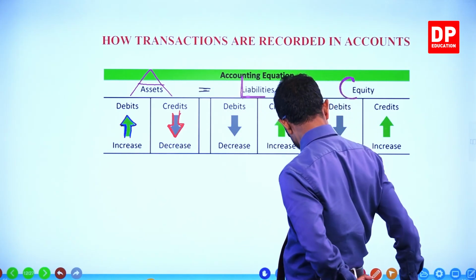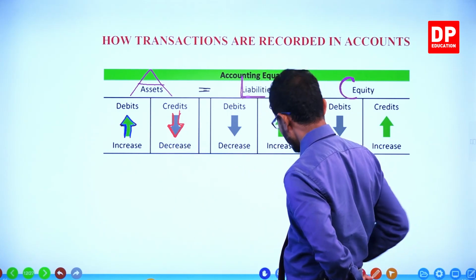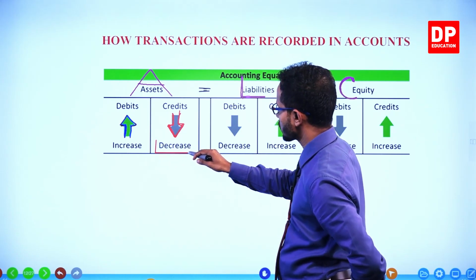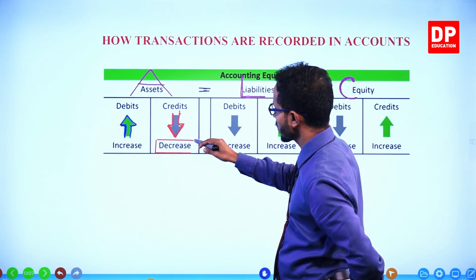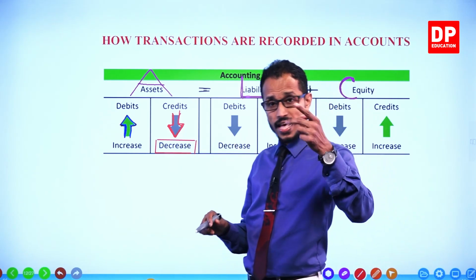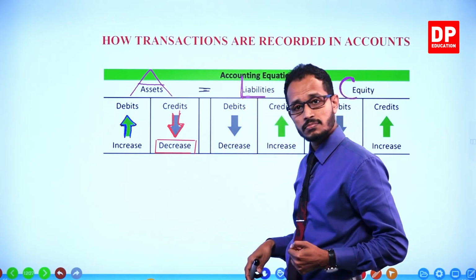Alright. So if we focus on decreasing of assets, you have to memorize that decreasings of assets are always credited.